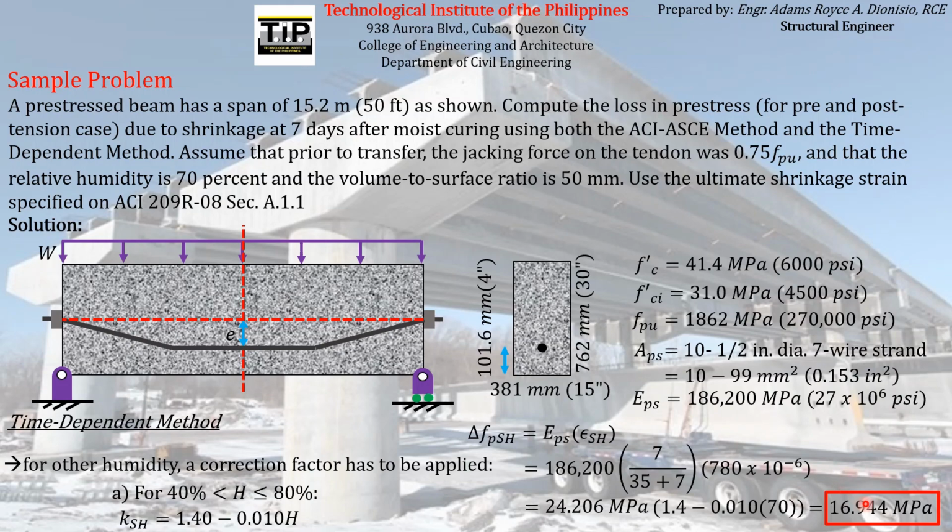So again, that is the magnitude of the anticipated loss due to the occurrence of shrinkage on the concrete. This is the anticipated magnitude of the pre-stress loss that will be experienced by the pre-stressing reinforcement as the concrete experiences what we call shrinkage.